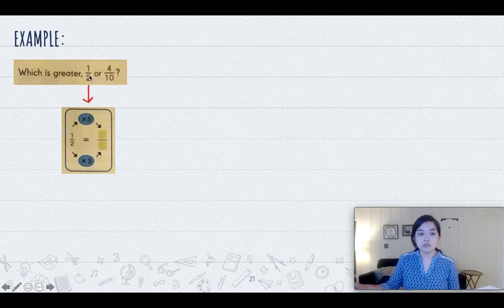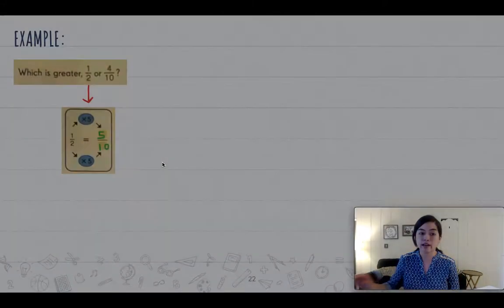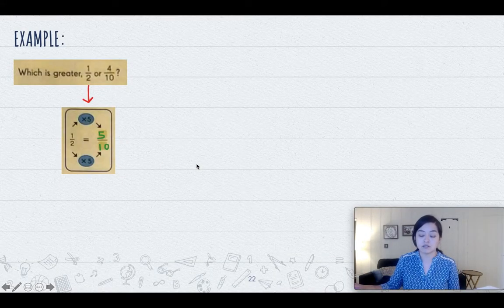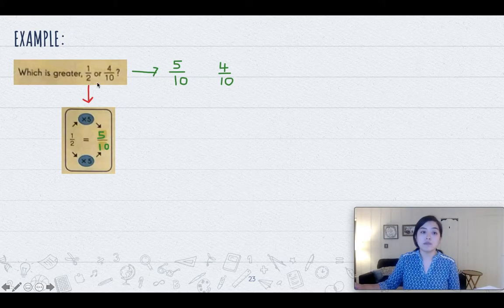So let's multiply our fraction 1/2, the numerator and denominator by 5, okay? And we get 5/10. So now my two fractions that I'm comparing is my 1/2 became 5/10. I'm also leaving 4/10 as 4/10. So I'm comparing 5/10 and 4/10.